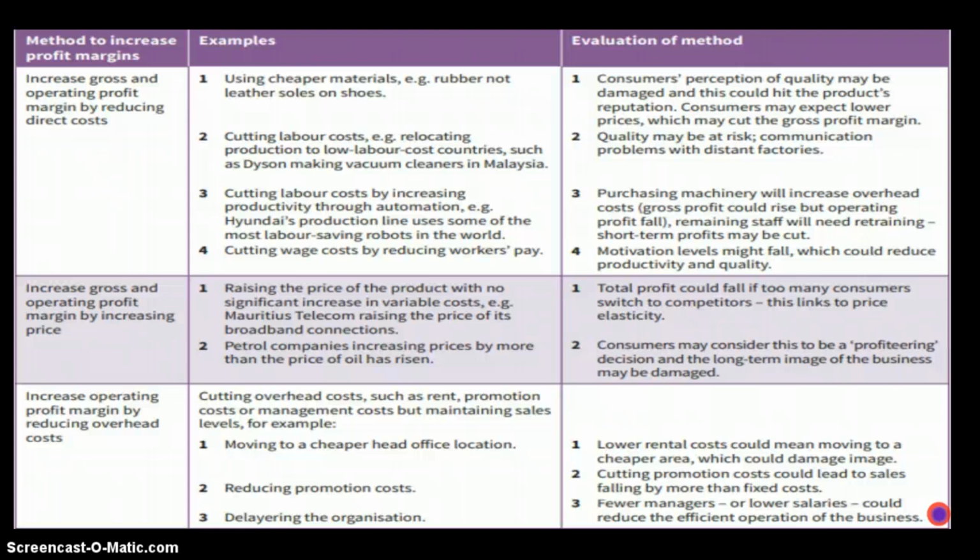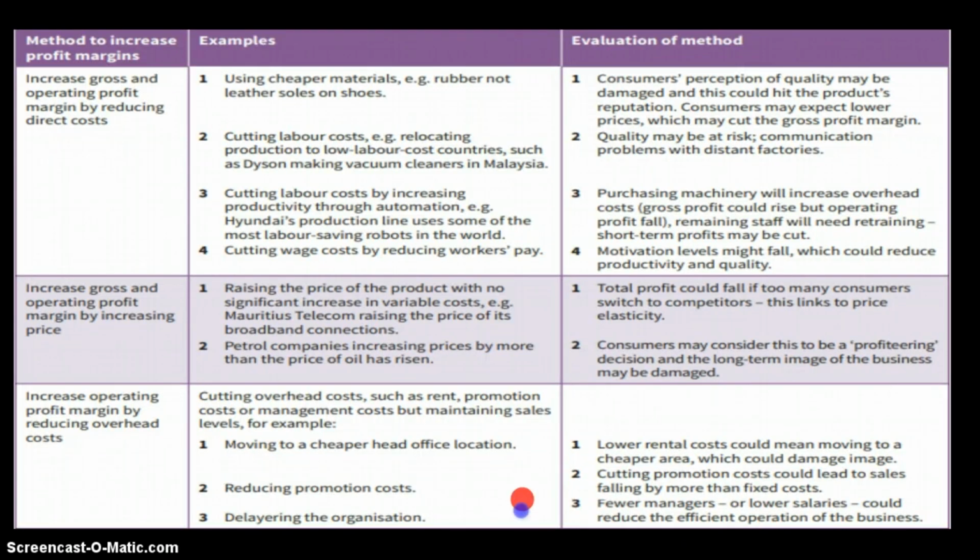So delayering the organization is not a good thing unless you believe your employees will do well without a certain level of management. Some employees can do well without having supervisors. So in those particular cases, it's okay to delayer the organization.